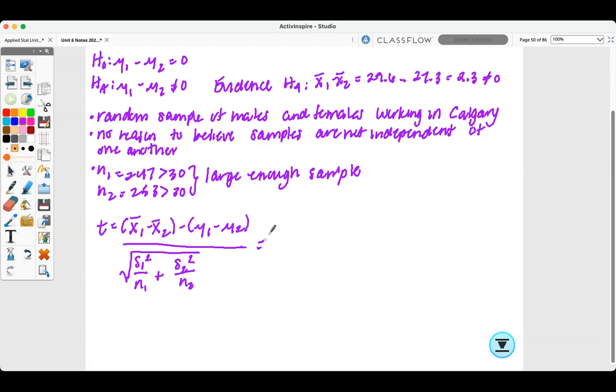Go ahead and plug your information in. So we would have 2.3 minus 0, all over the square root of 24.3 squared over 247 plus 24 squared over 253.